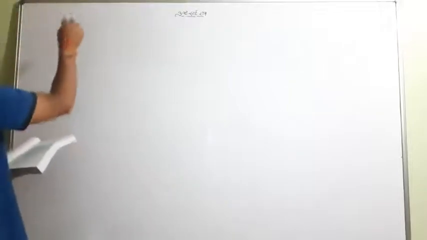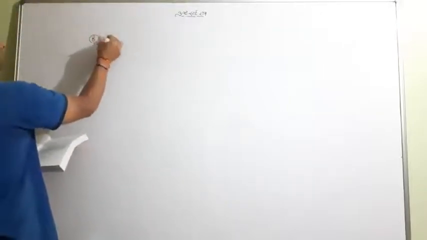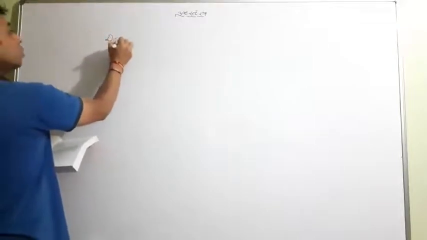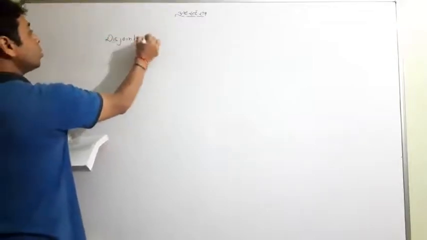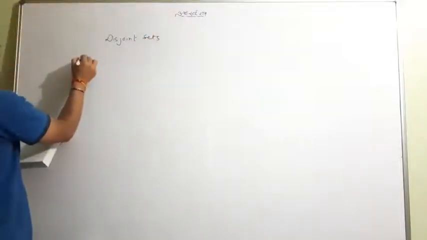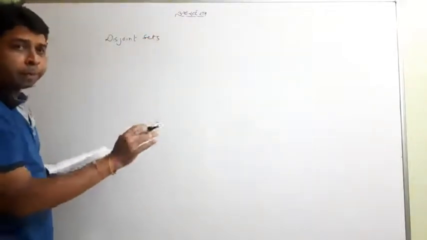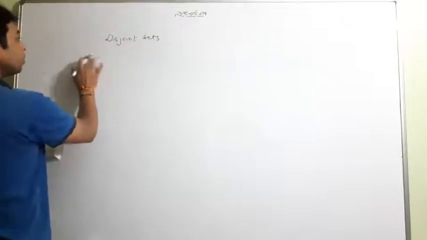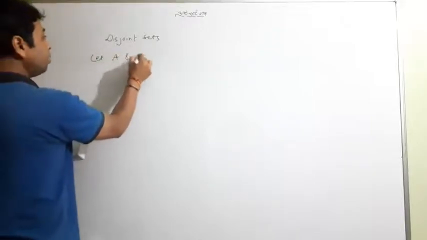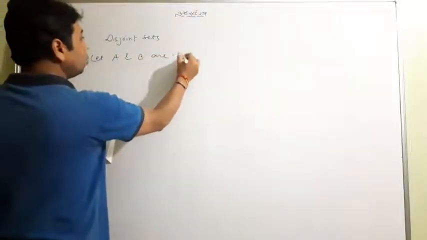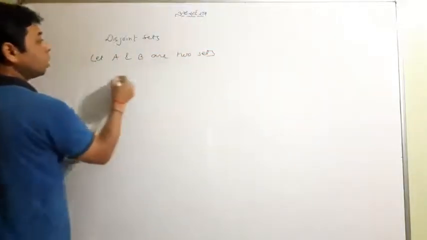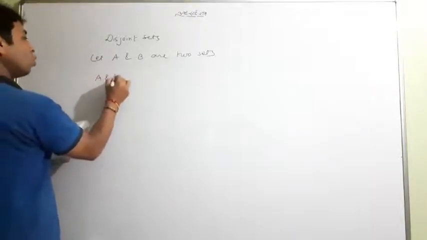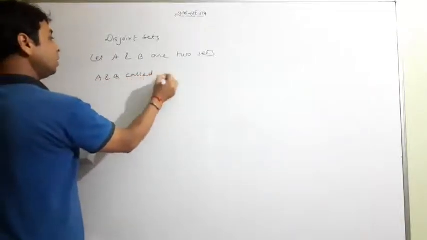One important thing it is told, disjoint set. So let me first tell you, I forgot to tell you this, disjoint sets. See carefully, very simple concept. Let A and B be two sets, then A and B are called disjoint.